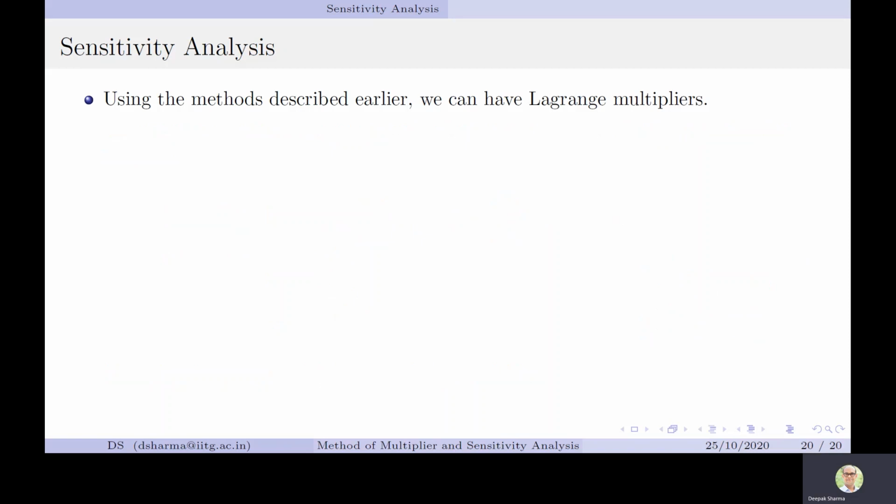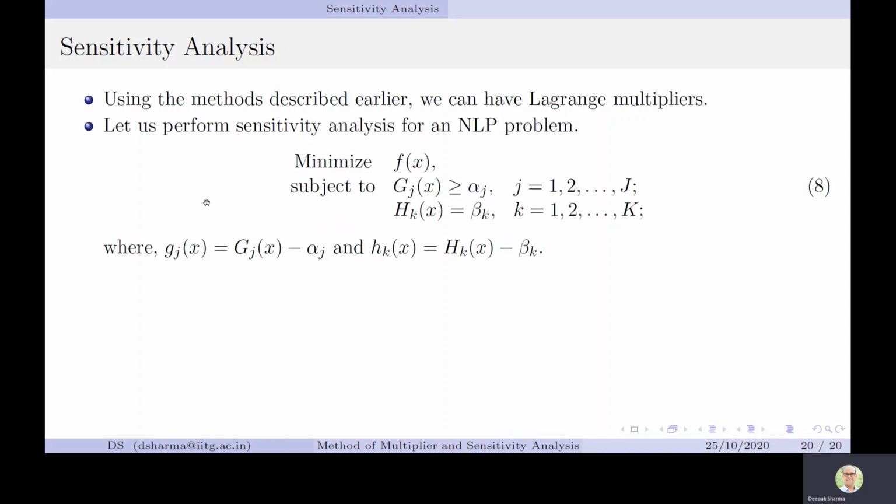So now let us suppose that we have identified or calculated the Lagrangian multipliers that we understood from the previous slide. You remember that we have gj of x as a constraint, and we write our formulation as gj of x greater than or equal to 0.